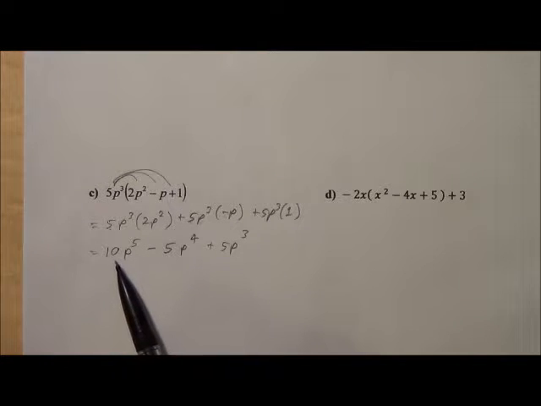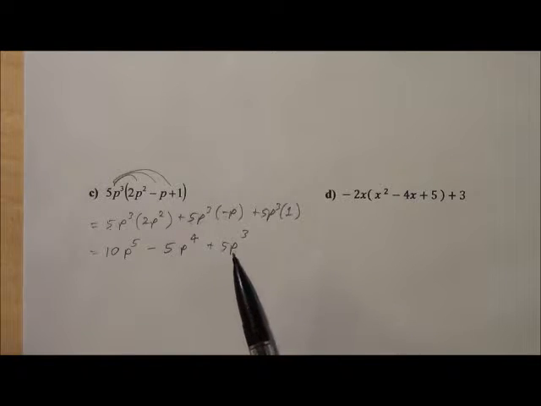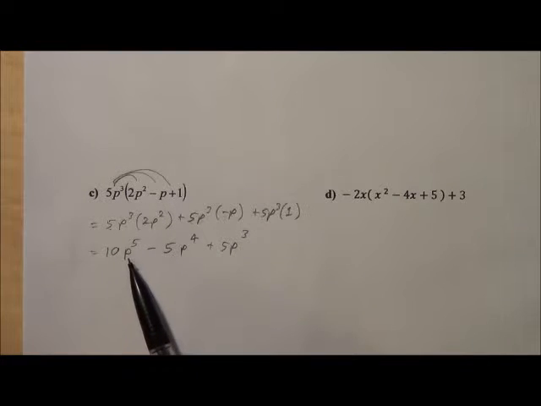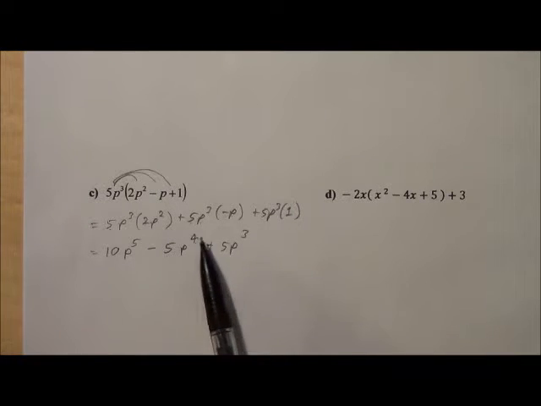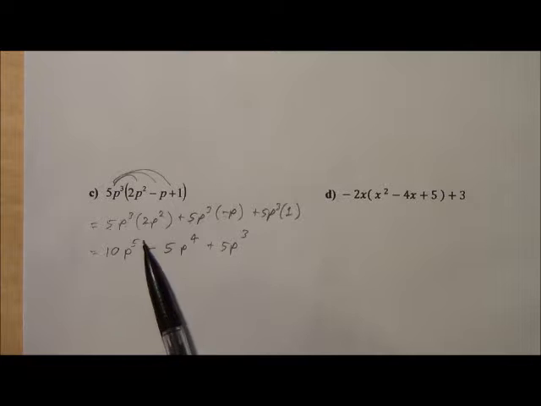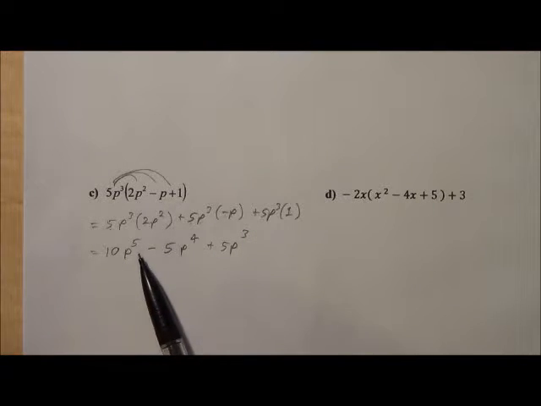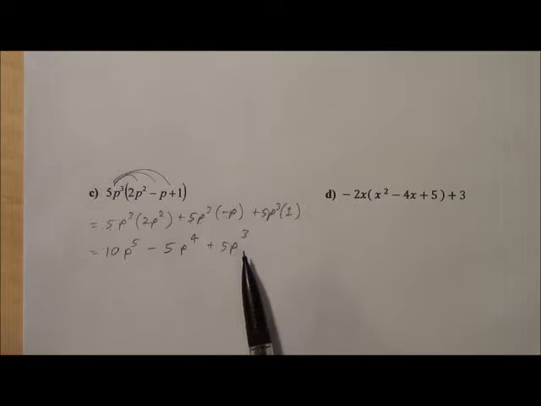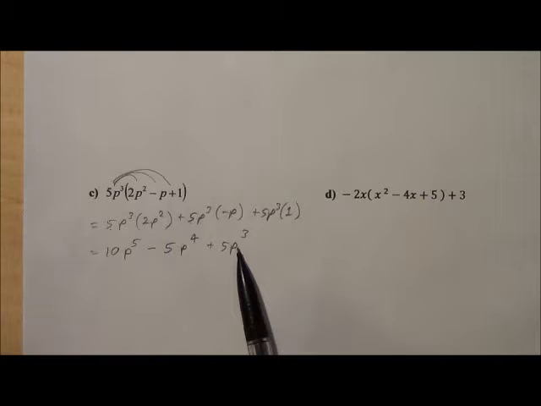Now examine all the terms. We've got 10p to the power 5, negative 5p to the power 4, and positive 5p cubed. They all have the same variable, but all the exponents are different. So because each of these terms does not have the same variable with exactly the same exponent, these are not like terms.